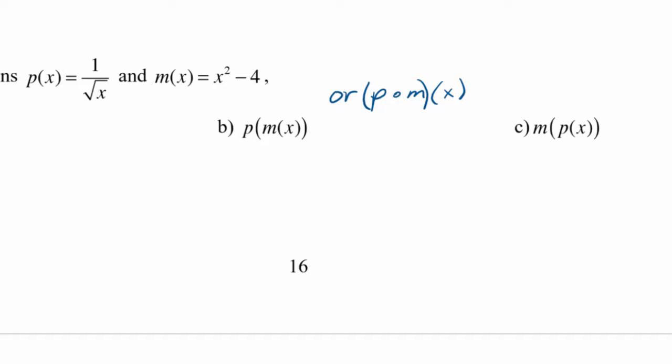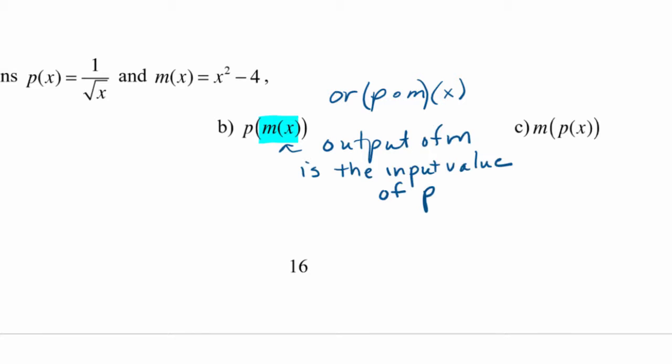Basically, a composition of functions takes the output value of the innermost function in the parentheses, so the m, and that becomes the input value to p.